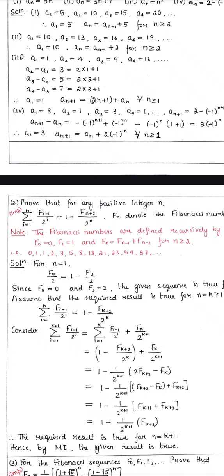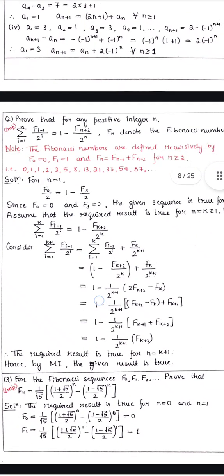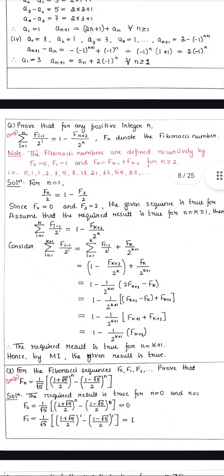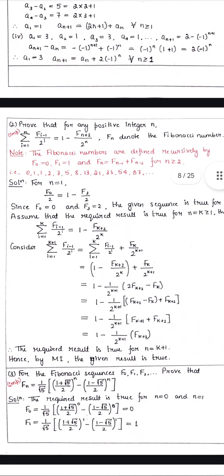an plus 1 equals an plus 2 into minus 1 power n for all n greater than or equal to 1. Then prove that for any positive integer n, the sum of f i minus 1 by 2 power i equals 1 minus f n plus 2 by 2 power n.